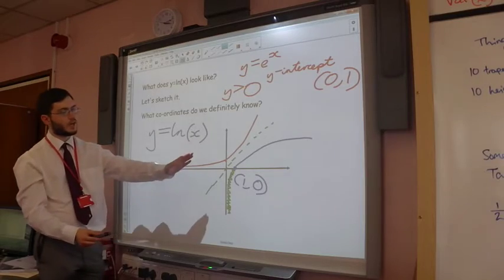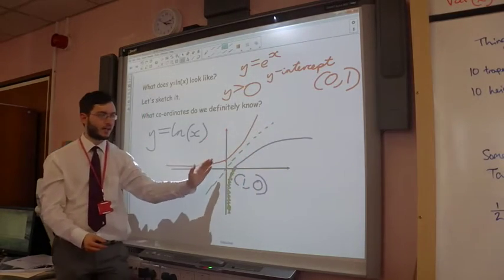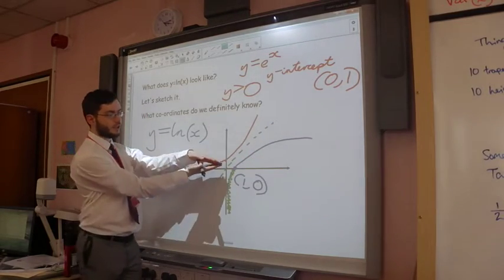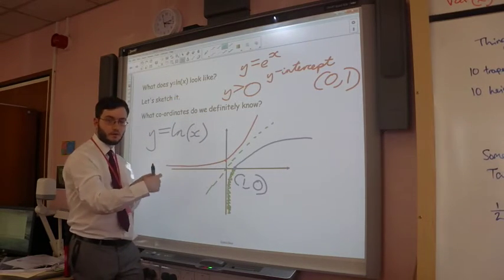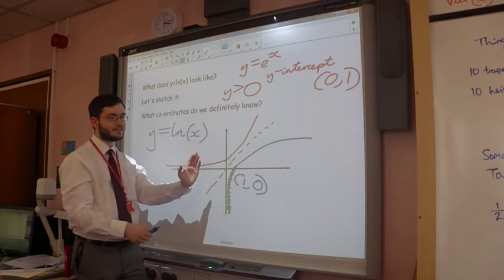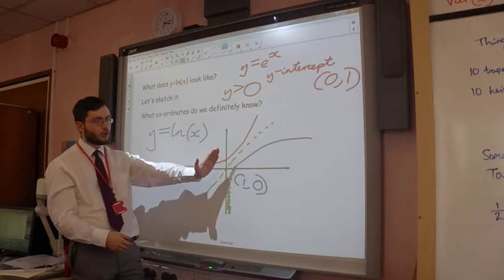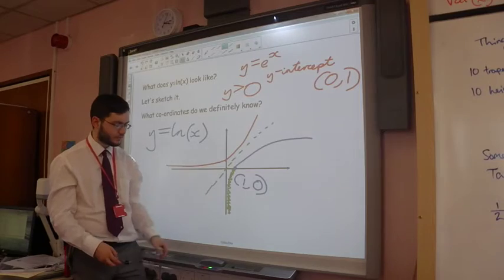So our natural log curve here is positive y values with an intercept of (1, 0), and it's a curve that's always got a decreasing gradient.